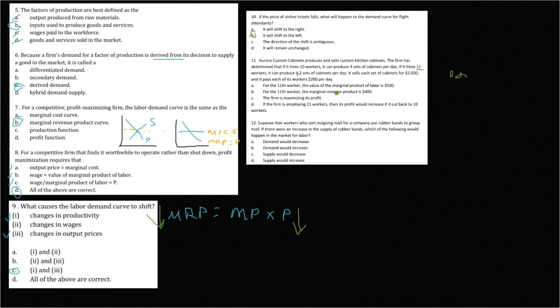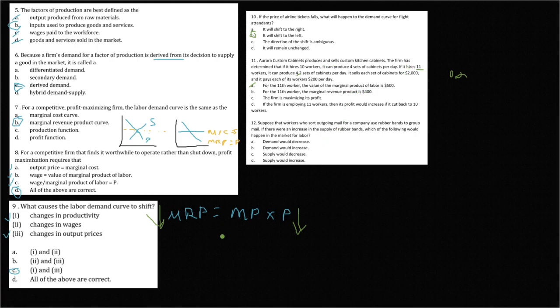So let's see which is true. The marginal product of labor is how much this person makes marginally, which is not $500. So A is wrong. And then for the 11th worker, marginal revenue product is $400.